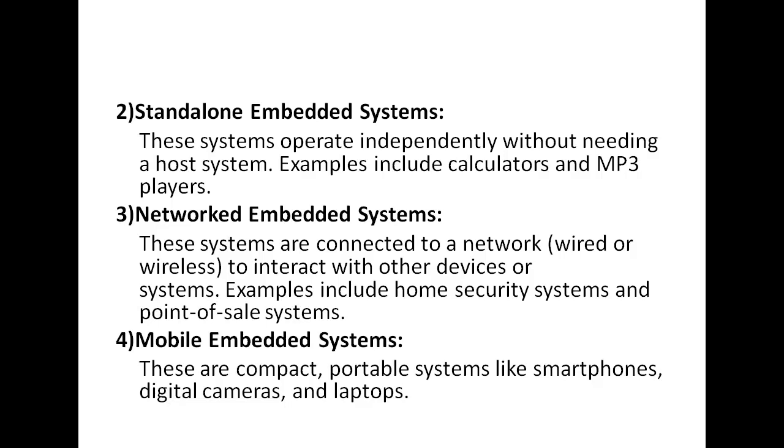For example, a home security system or point of sale system. Other devices we use, like an Ethernet card, are embedded systems. We also use a modem, which is an embedded system. In the telephone exchange we use switches and other devices, which are also embedded systems.